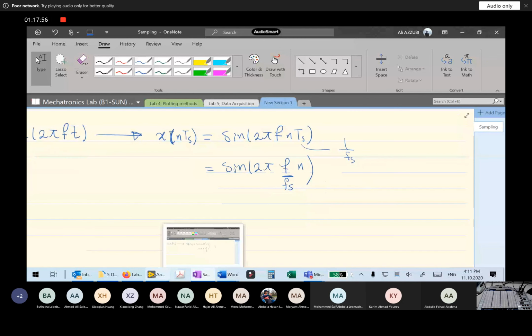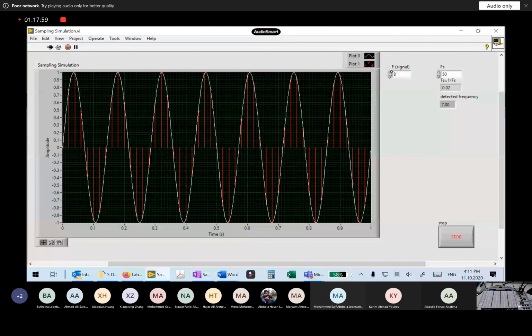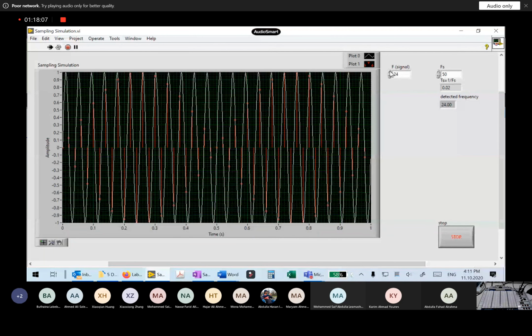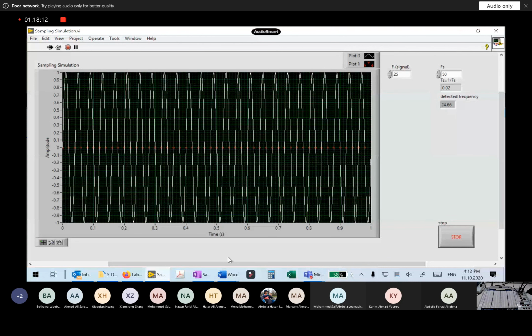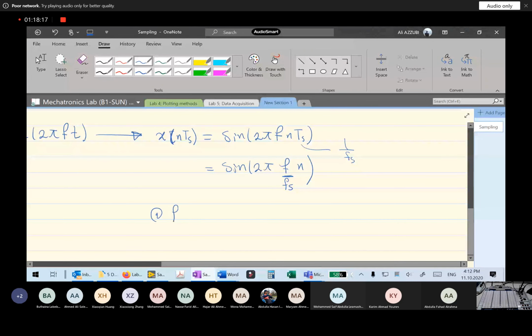Okay, so what happens here at this value, when you put this as 25, you see this critical frequency. Now, f over fs here in the equation is equal to what? Say at f equals half fs, you'll have x of nts equals sine 2 pi.